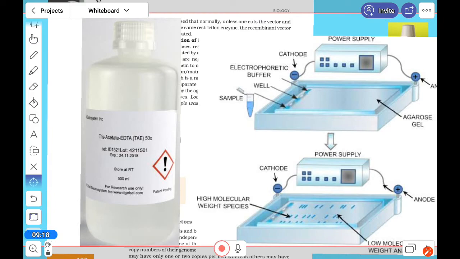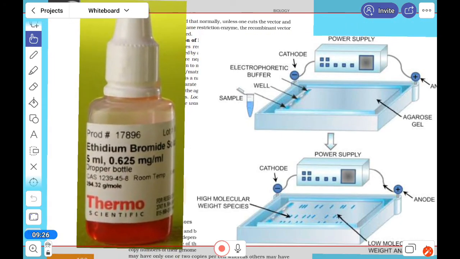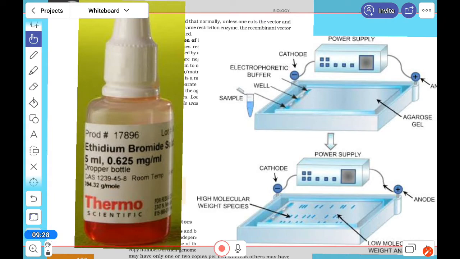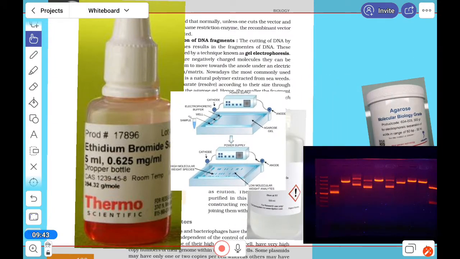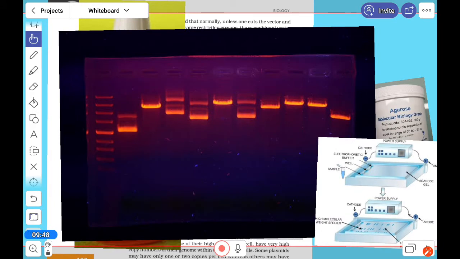When we use this ethidium bromide, the DNA bands become very prominent. I want to show you, it looks like this. See how prominent it is. It is just a dye which is used to make it prominent, to observe it.